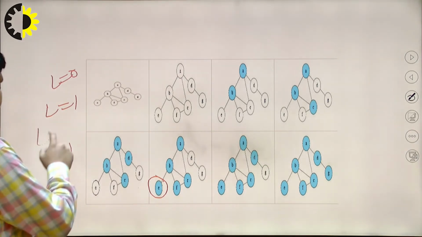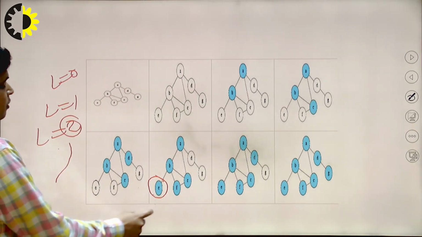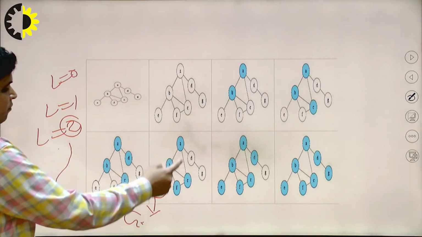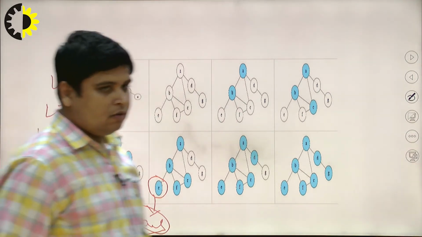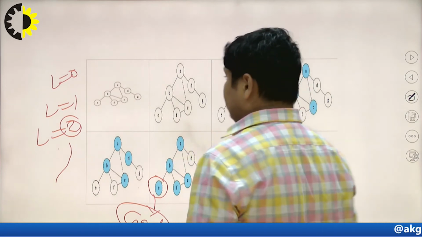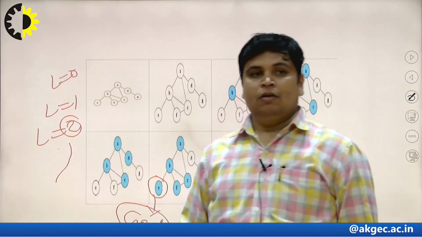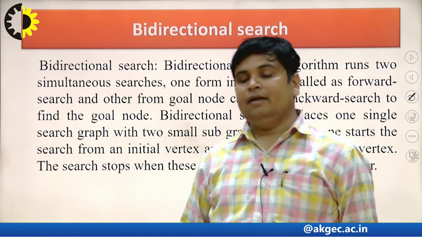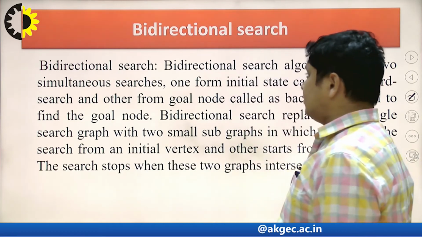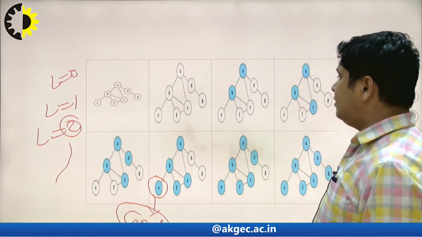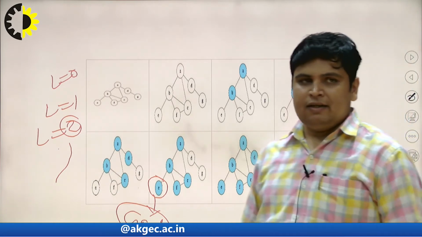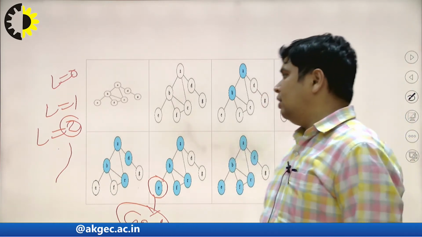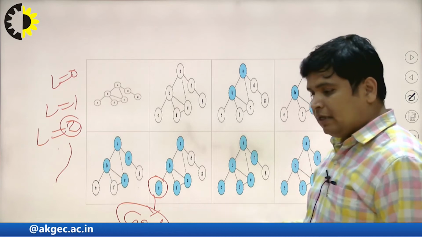Again gradually increase to 2, visit every node from the root node, and we find the goal state. So this is a very good algorithm, and basically we can gradually increase the particular depth at a particular moment.